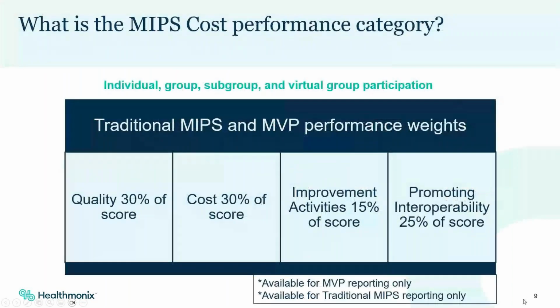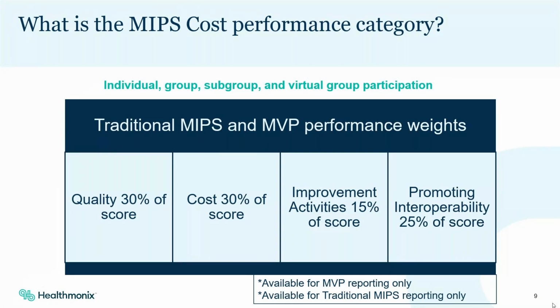Next slide. So when you're in most of these reporting options, you're going to see that the cost score starting in 2022 is 30% of your overall MIPS score. That's quite a chunk, and it's quite a chunk considering there really was no ramp up.